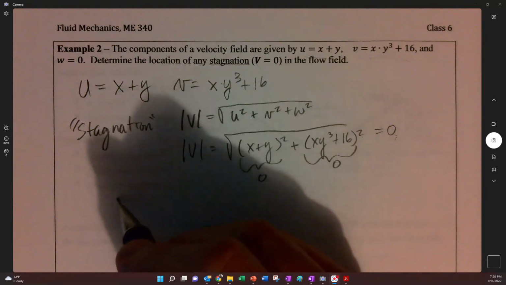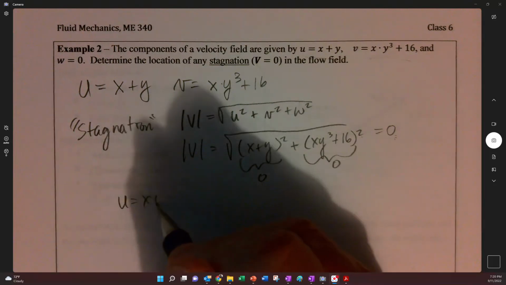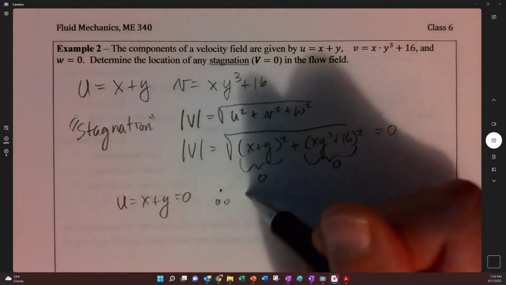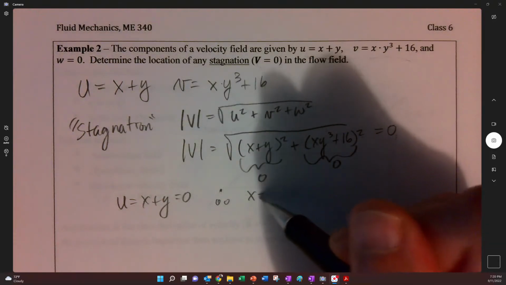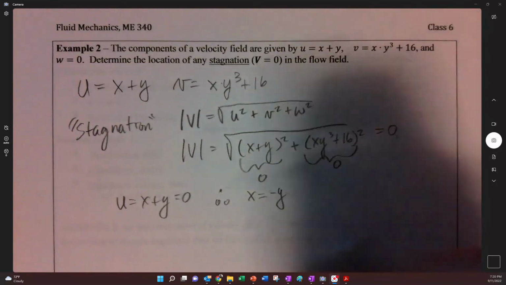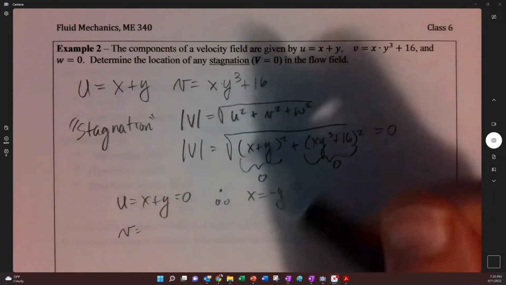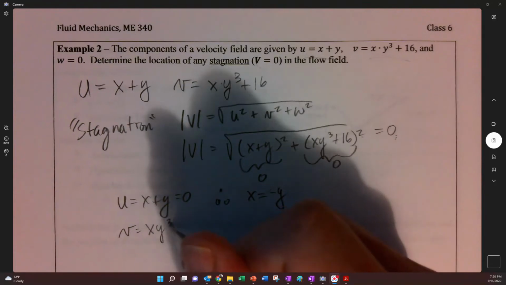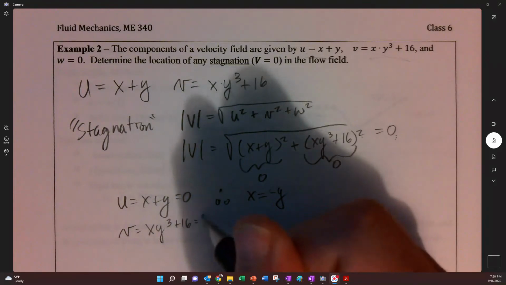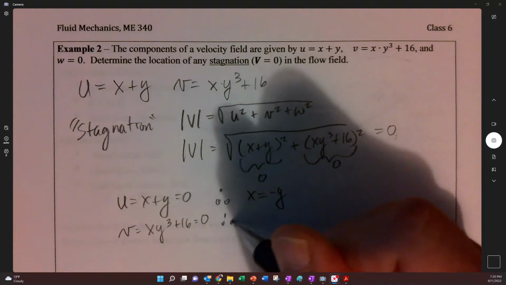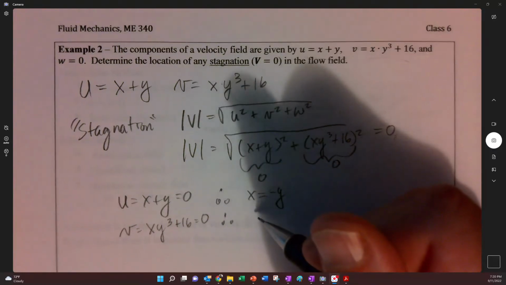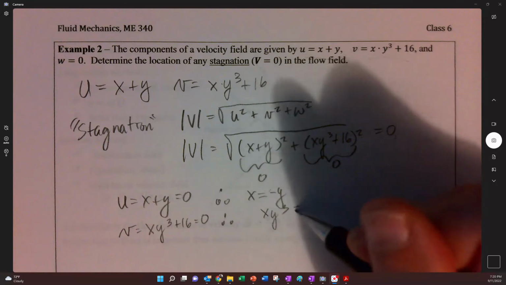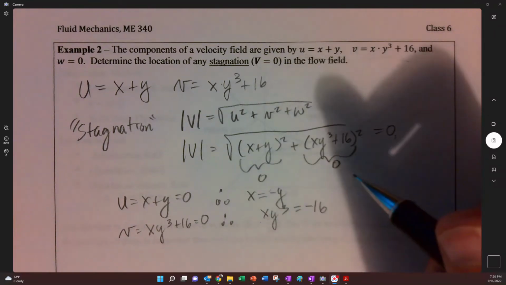So we set x plus y equal to 0, therefore x is equal to negative y. And then v, xy cubed plus 16, equal to 0, and therefore xy cubed has to equal negative 16.